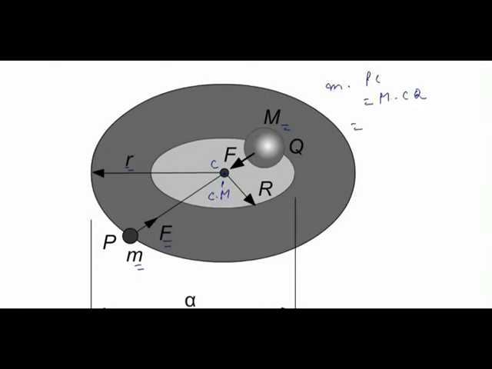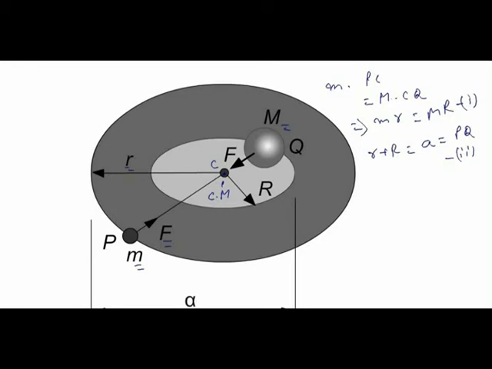Now PC is nothing but the radius small r, so mr is equal to capital MR, as CQ is nothing but the radius capital R. So this is one equation we get, and it's clear from the figure that r plus R is nothing but a, where a is the distance between the two objects, that is a is nothing but PQ.